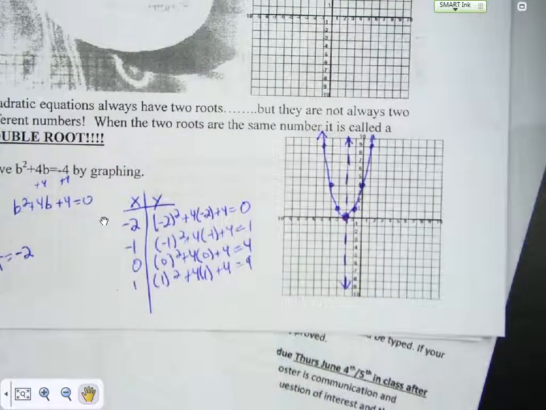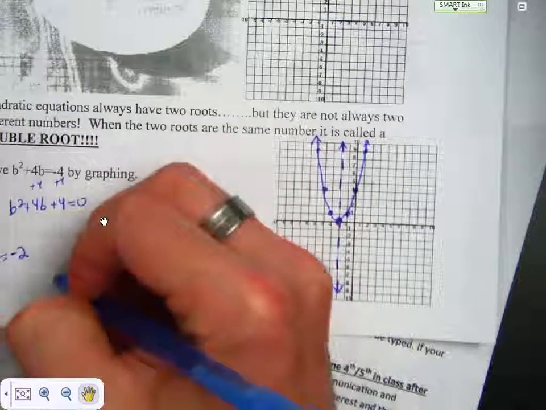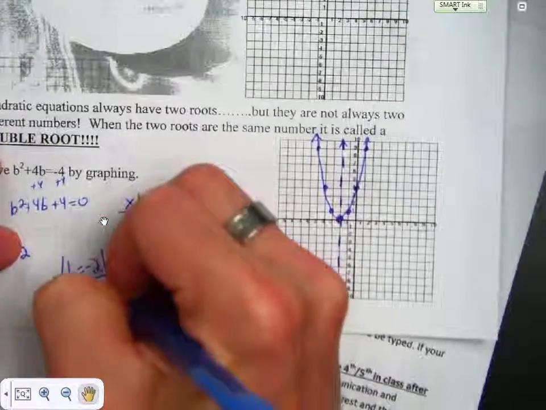Remember that this doesn't make a V, it's curved a little bit. But notice it does touch the x-axis barely at -2. For this problem, we end up getting a double root. This is going to be b is equal to -2.